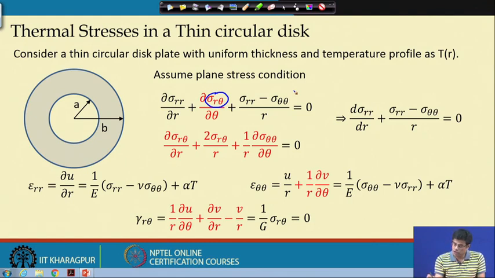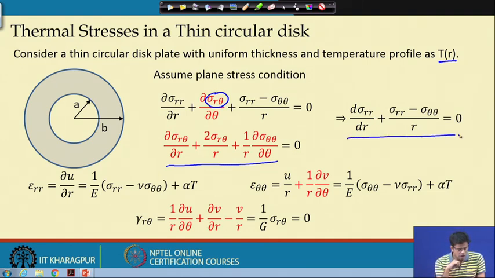Now if you write the governing differential equation, or Navier's equation, in the polar coordinate system, the red quantities are already 0. So only this quantity remains, and the partials become a total derivative. So this becomes this equation.